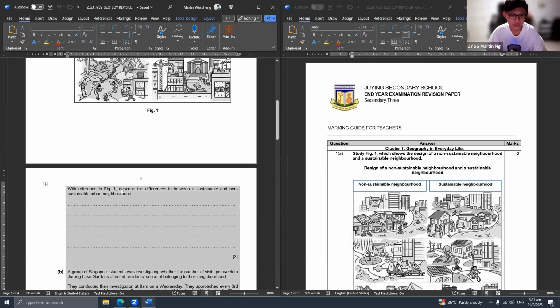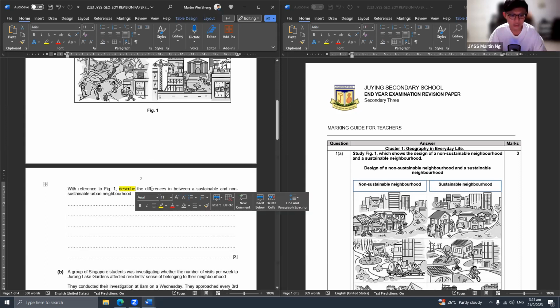Then they ask you to describe. The key command word over here is describe, the differences between a sustainable and non-sustainable neighborhood. This is the focus.